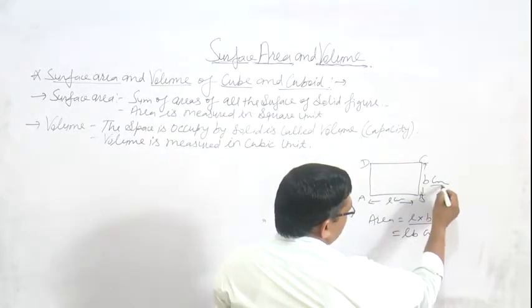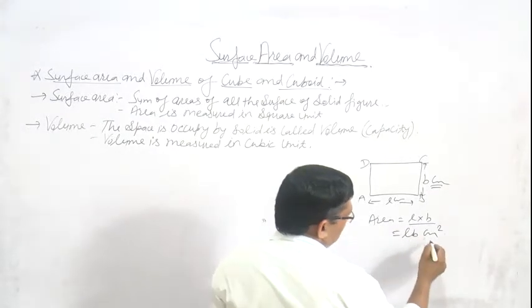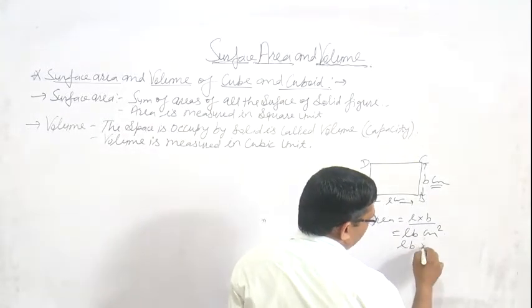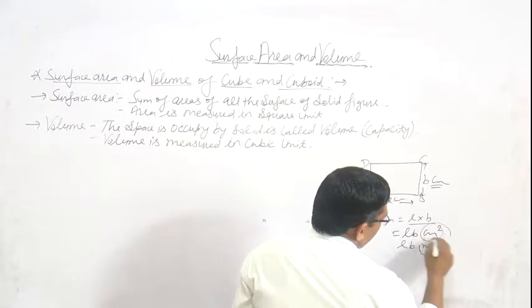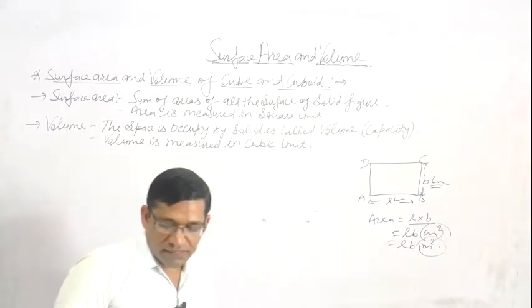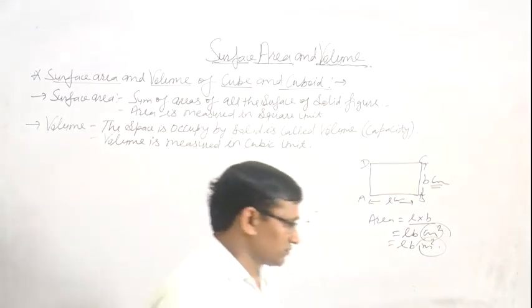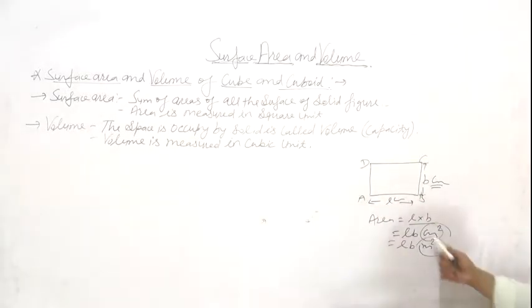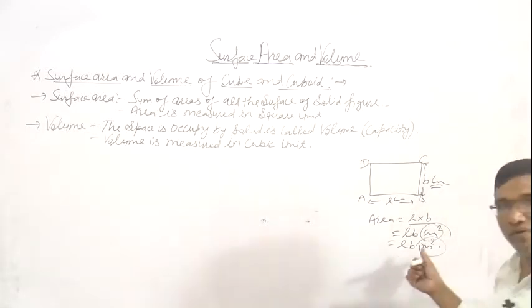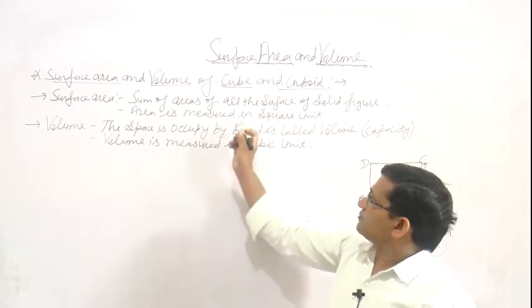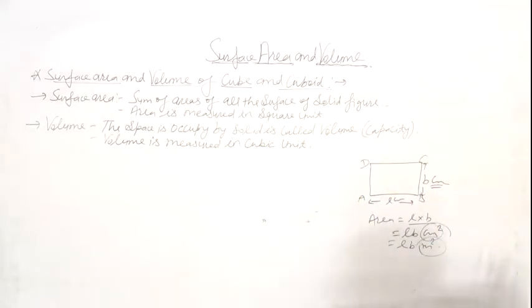If these units are in meter, then we write LB meter square. We can also write square centimeter, square meter. So area is measured in square unit.